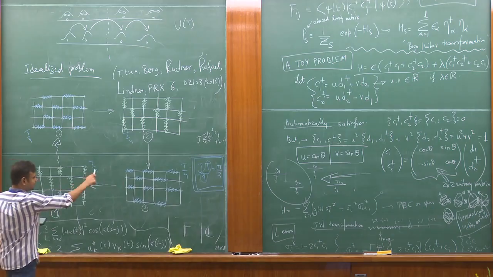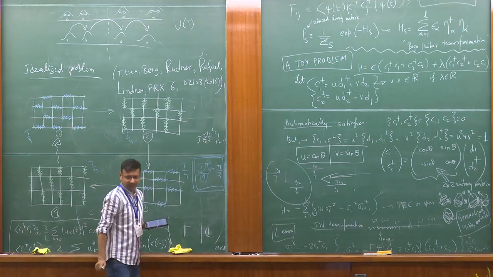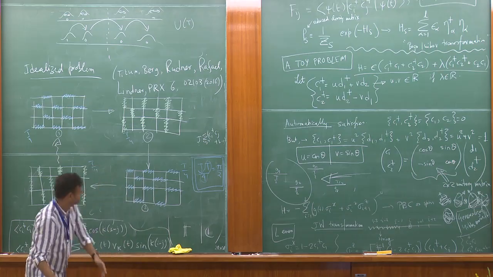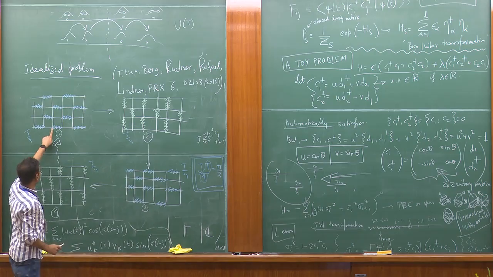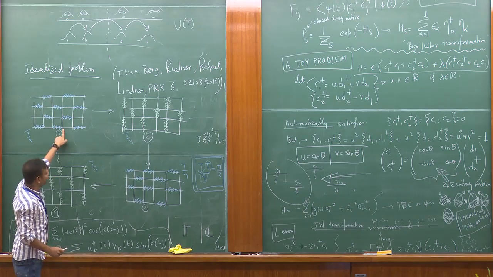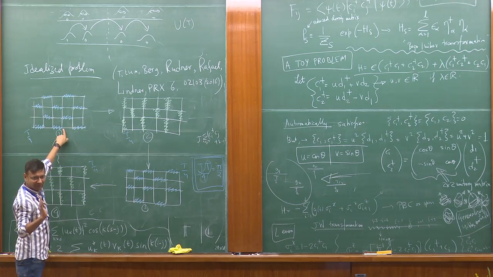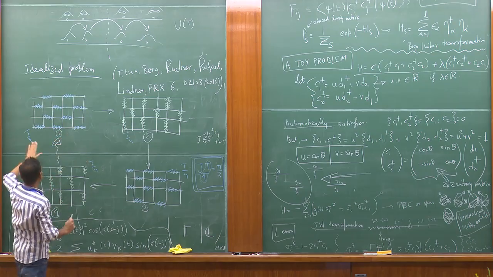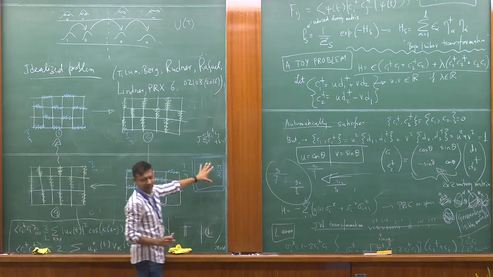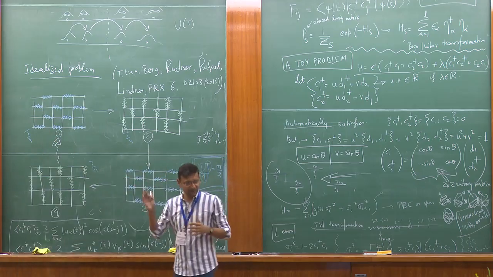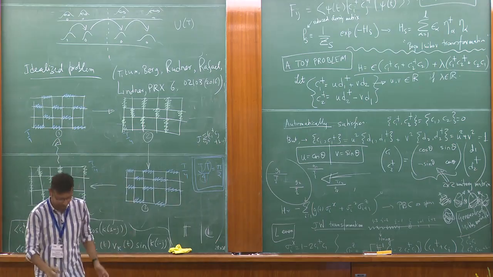So if I choose JT by 4 to be pi by 2, then within this time T by 4, if there is a fermion here, with unit probability it will move here. Unit probability, not with probability half or 1/4 or anything, with unit probability it will move here. So if there is a fermion here, it will definitely move here if I choose this coupling. It's actually very easy to derive. I encourage you to derive it if you don't already know it.